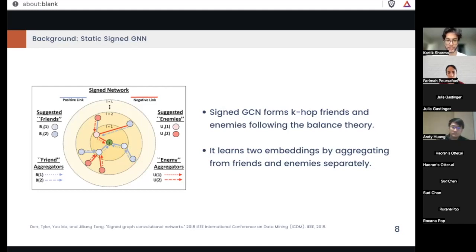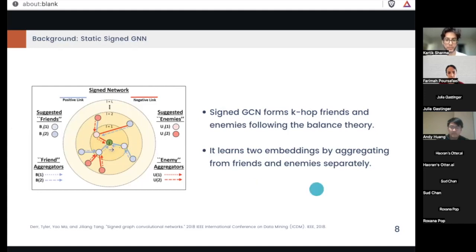Even though there is no edge as such, it would try to form balanced triads: friend of a friend is a friend, and friend of an enemy is an enemy. And therefore, it suggests that even at second hop, there can be a friend and an enemy, even though there is no direct link between the two nodes.